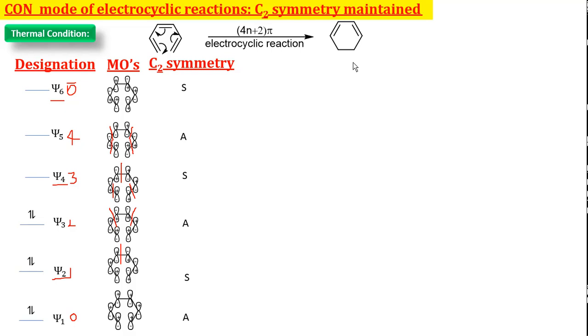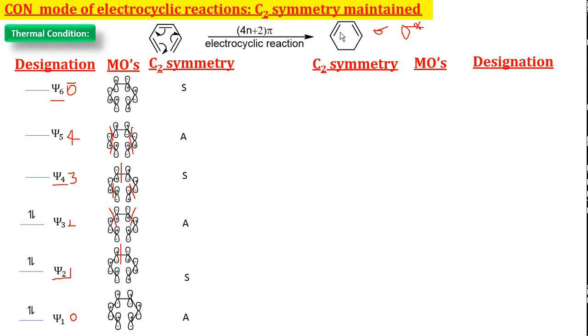Let's talk about the molecular orbitals of the product. So what is happening, friends? 3 pi bonds are converting into 1 sigma bond and 2 pi bonds. Therefore, the possible molecular orbitals are: the sigma bond has 2 molecular orbitals, sigma and sigma star.